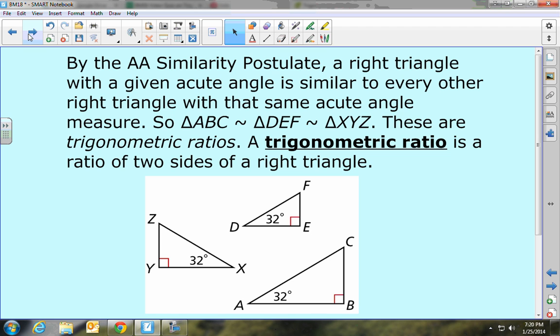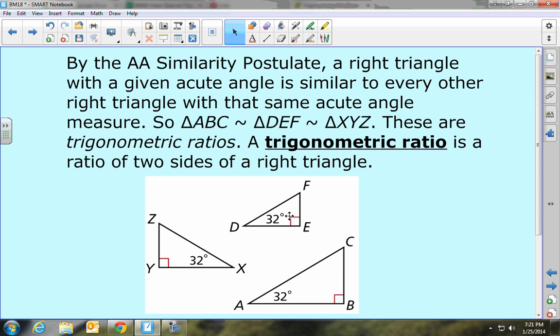So here we go. You'll remember when we did the benchmark 15 similar triangles that a right triangle with any given acute angle is similar to every other right triangle because of the AA similarity postulate. So each of these triangles down here are similar.